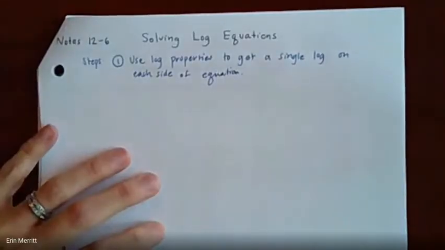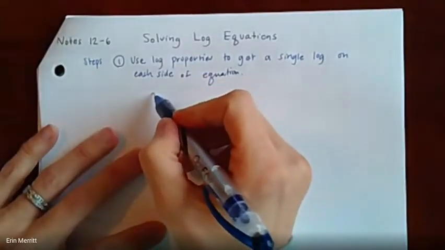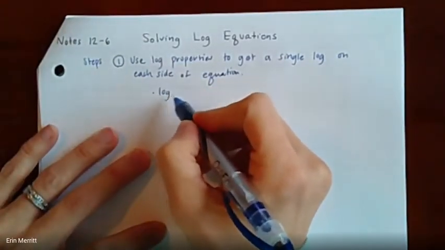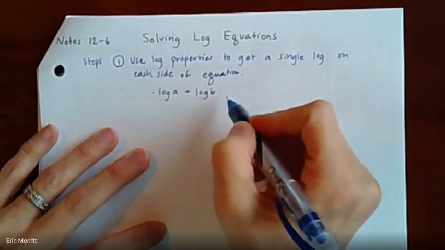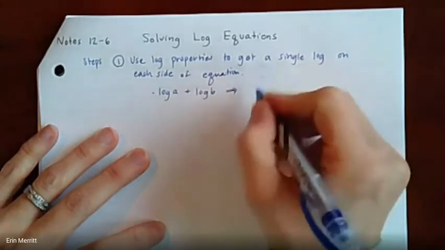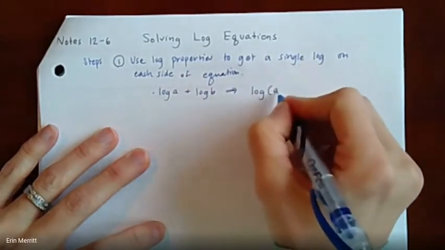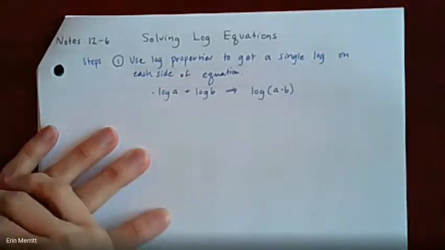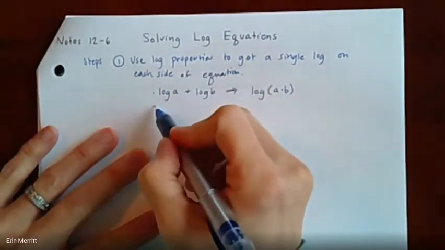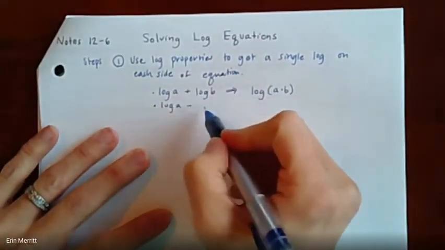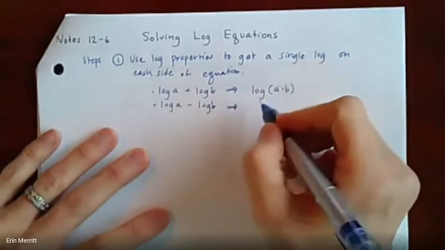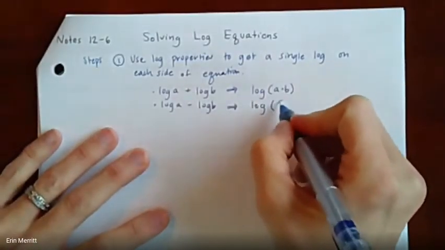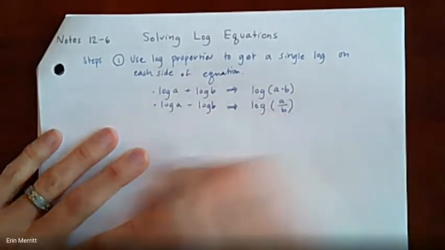When I say use log properties, the idea is that we know how to condense logs. There's three things that you knew from the other day. If you have two logs that are added together, log of A plus log of B, that's the same as the log of A times B. If we have two logs separated by subtraction, that's the same as having a single log where you're dividing on the inside.